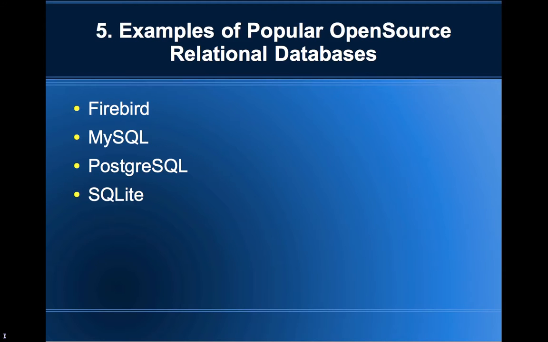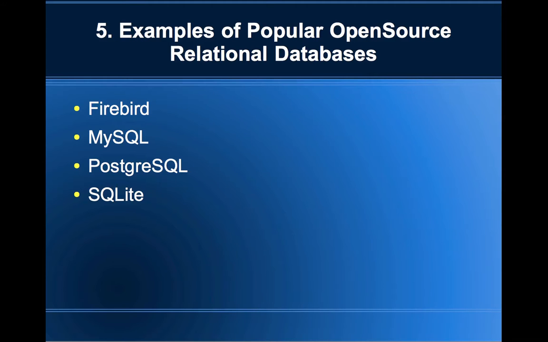Some of the most popular open source relational databases are Firebird, MySQL, Postgres or PostgreSQL, and SQLite, and there are so many others, but those are the most common ones.